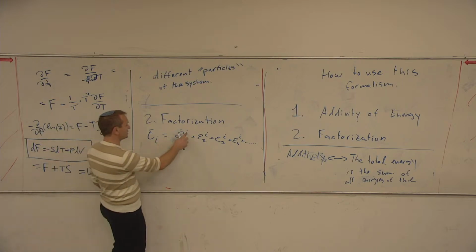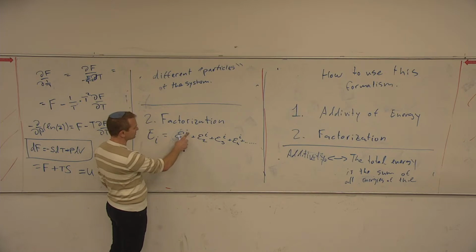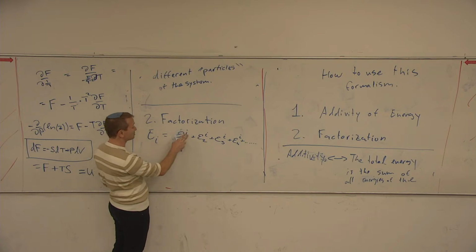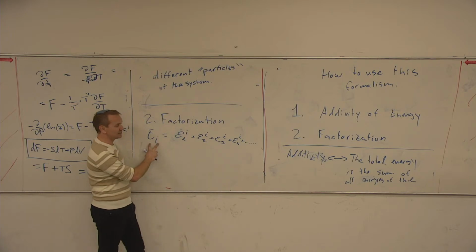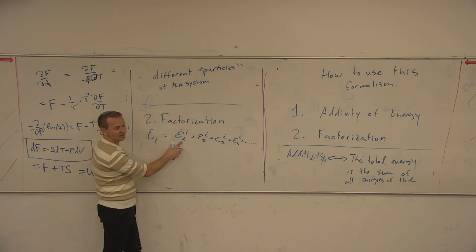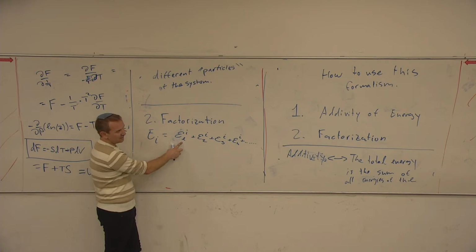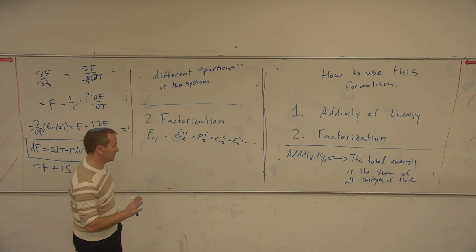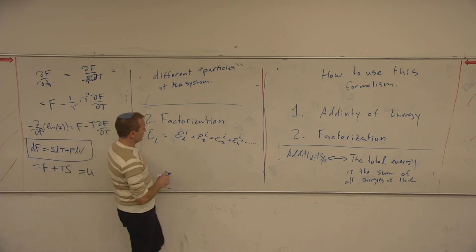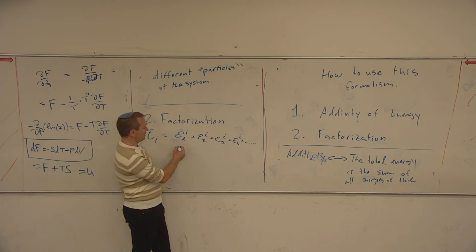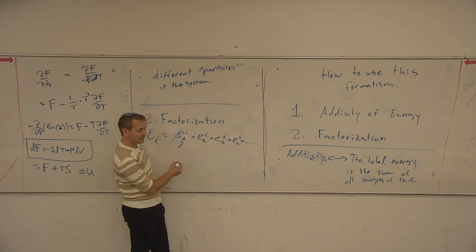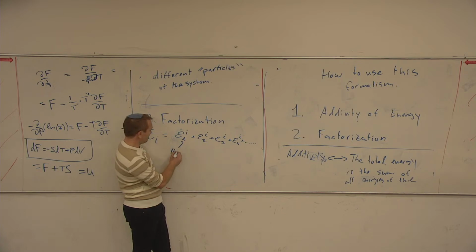You want this as subscript and this is the subscript and superscript. But this is the total energy, and this is the energy of a single particle. It actually doesn't matter where you put the index. So what is this number here, epsilon? This is the number of the particle.